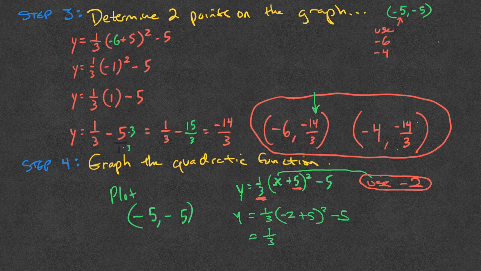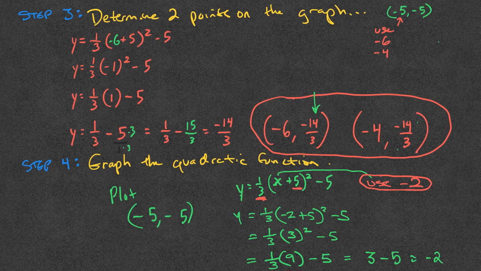So 1/3, negative 2 plus 5 is 3. You want to square that, minus 5. 1/3 times 3 squared, which is 9. And then 1/3 times 9 ends up with 9 over 3. 9 over 3 is just 3 minus 5, and you end up with negative 2.